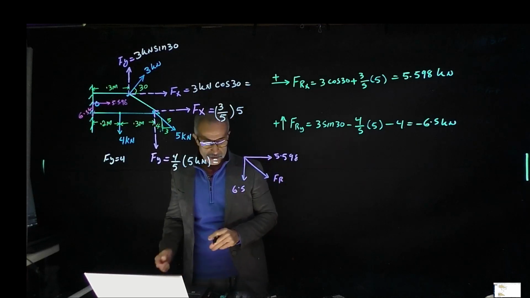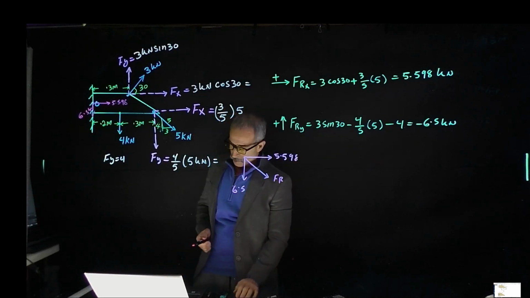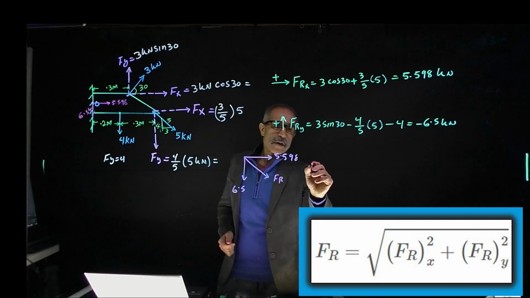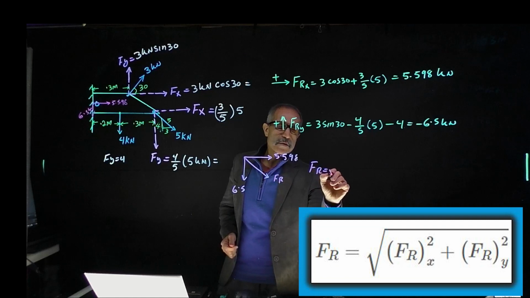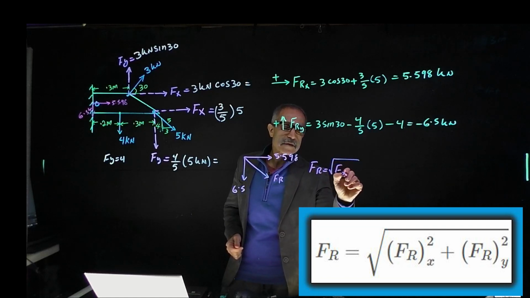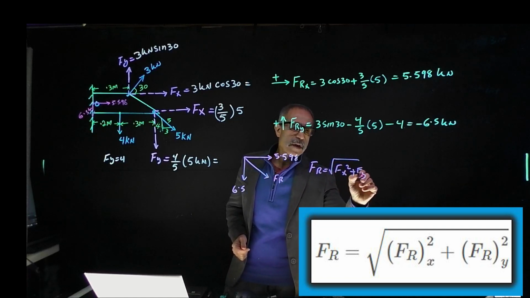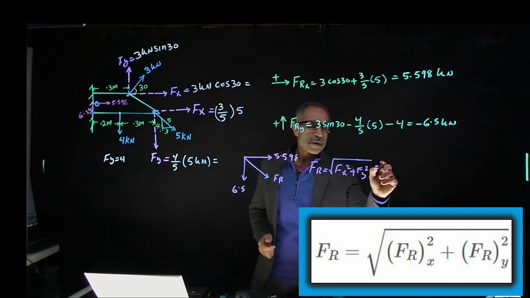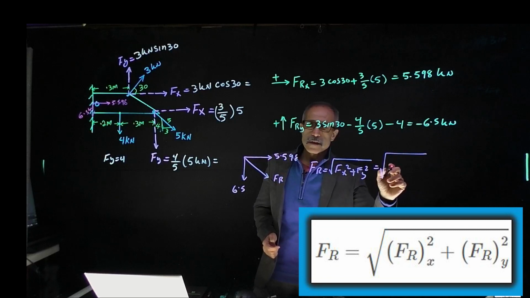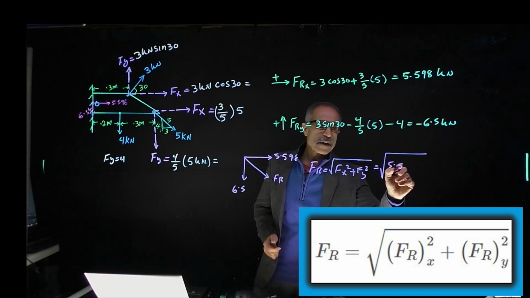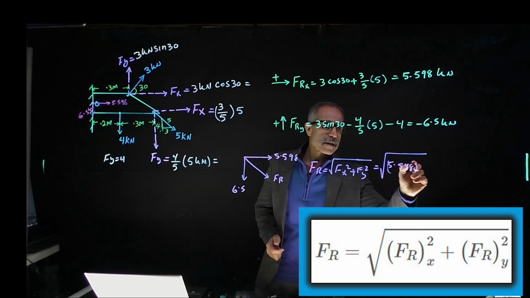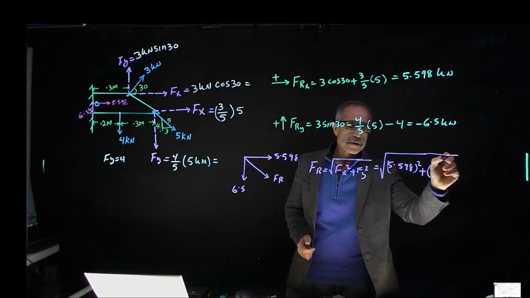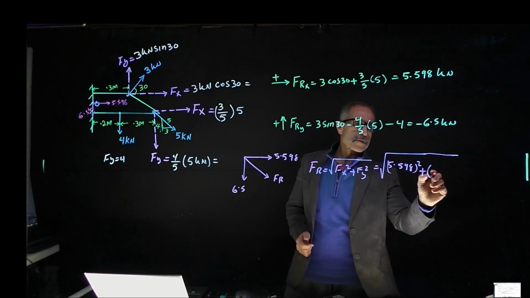And to calculate that, we have a formula. I don't know if I put it on the board, but I'm going to write it down anyway. So F of r is equal to the square root of F of x squared plus F of y squared. So it comes out to the square root of 5.598 squared plus 6.5 squared. The minus becomes positive when squared.